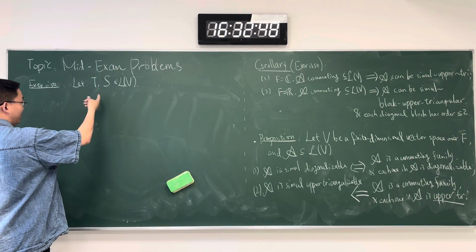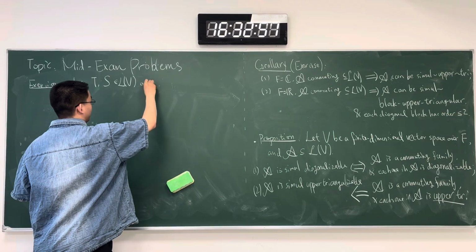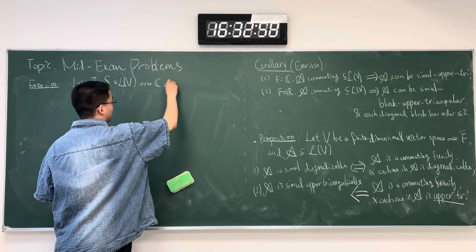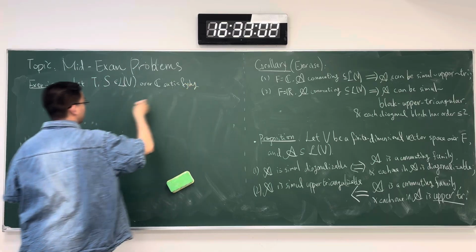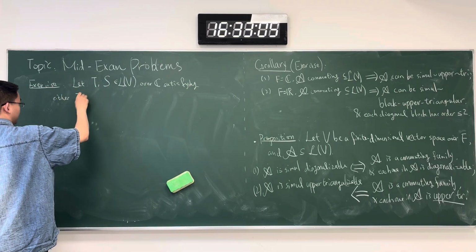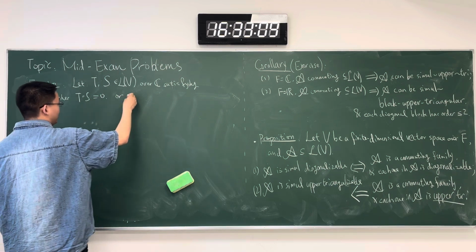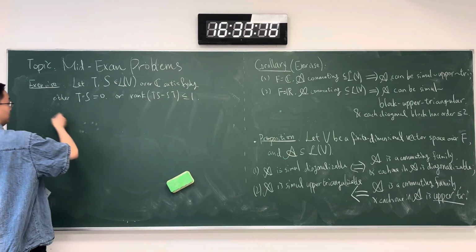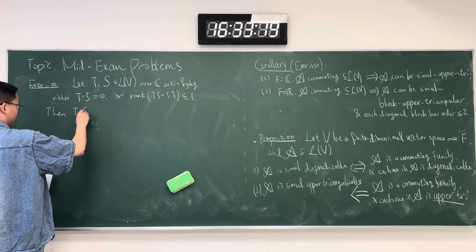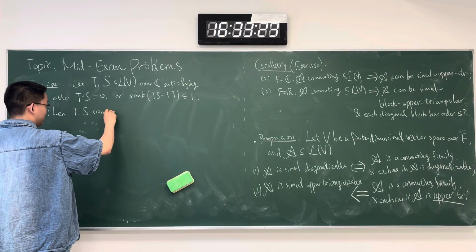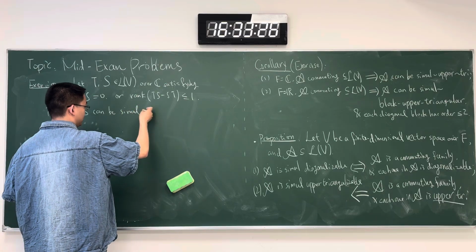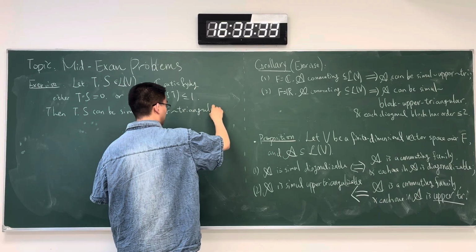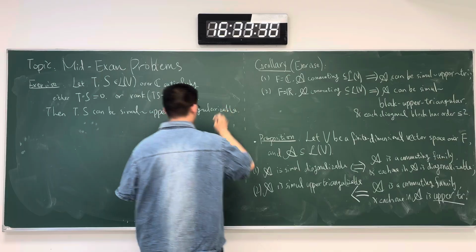See, if T and S are two linear transformations over C and satisfy either their composition is 0 or the rank of their commutator is smaller than 1, then T and S can be simultaneously upper triangularized.